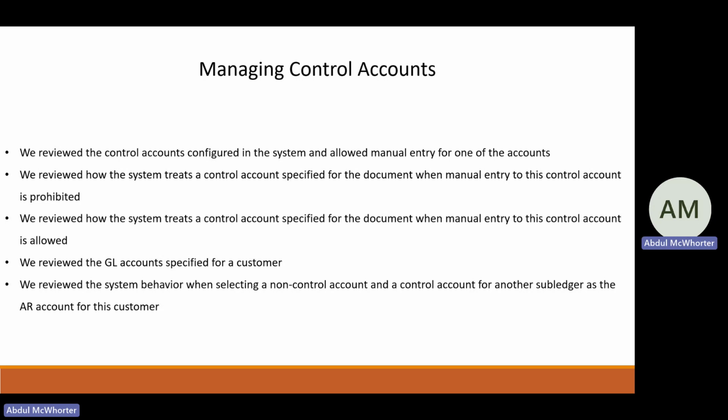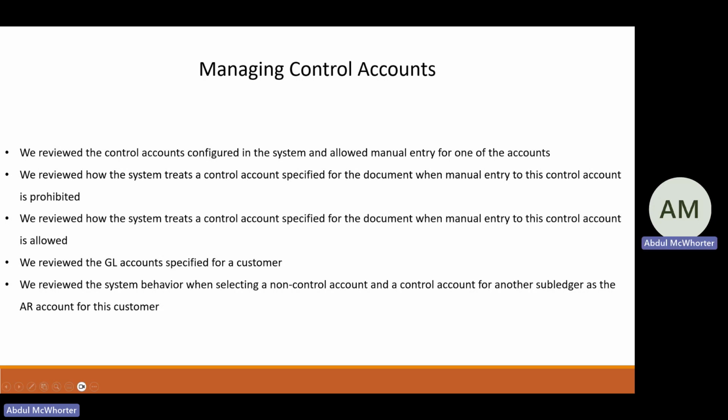We took a look at the error messages that the system returned when we attempted to use both of those. I mean we attempted to use the non-control account, which was the AR accrual account, and then we also attempted to use the accounts payable control account, and the system also returned the error in that case.